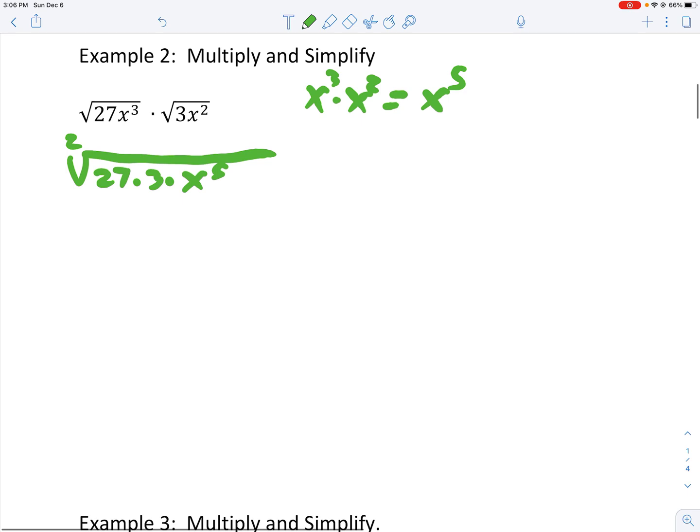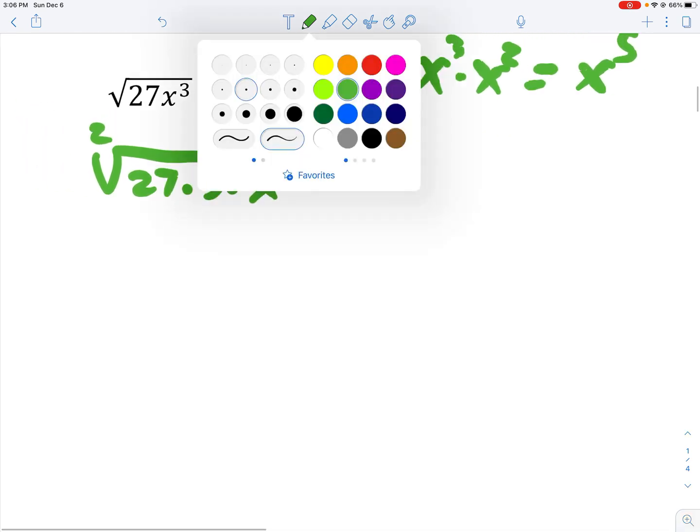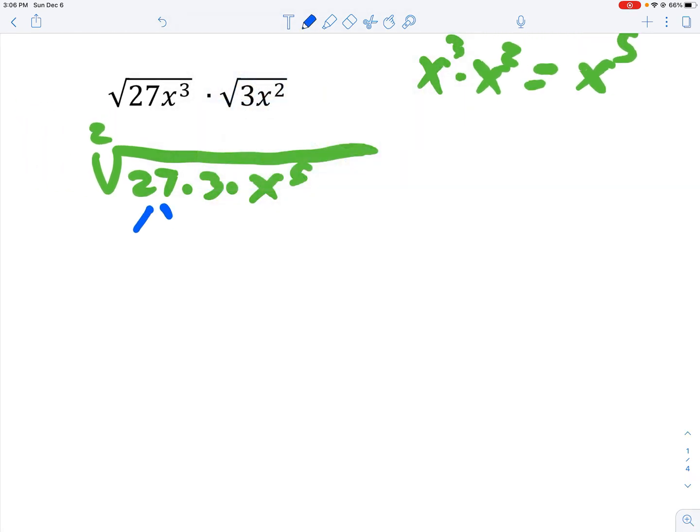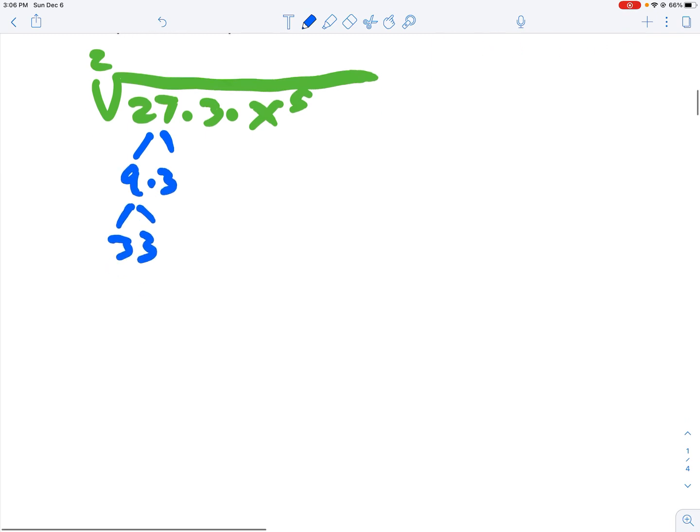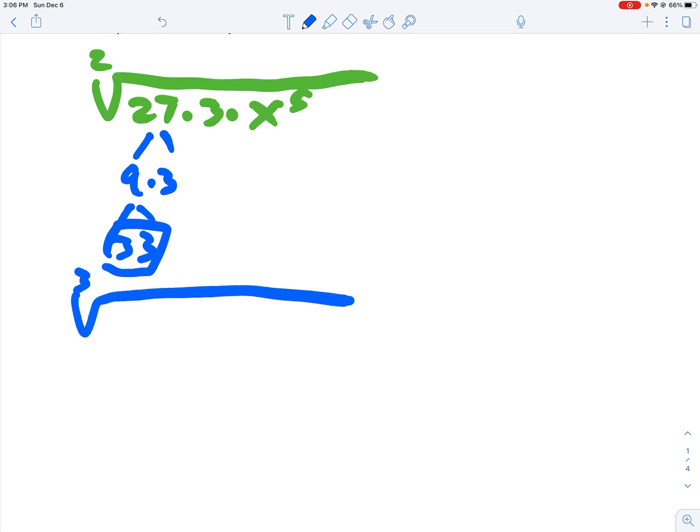Okay, so I want to rewrite everything I can as powers of 2. So if we break this up, this is 9 times 3, and this is 3 times 3. So I can rewrite this as 3 squared times, there's another pair of 3's, 3 squared.